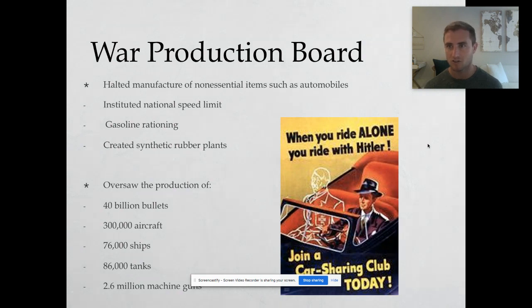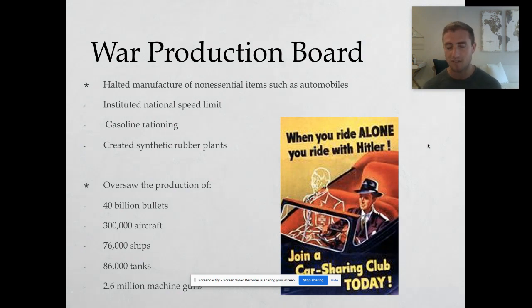Now you will produce tanks, you will produce planes. It institutes a national speed limit to preserve rubber on the tires. You are only allowed to buy this much gasoline a week. We need to save oil and gas for weapons. We are going to transform your business into a rubber plant. You are now going to produce bullets or aircraft or ships or tanks.